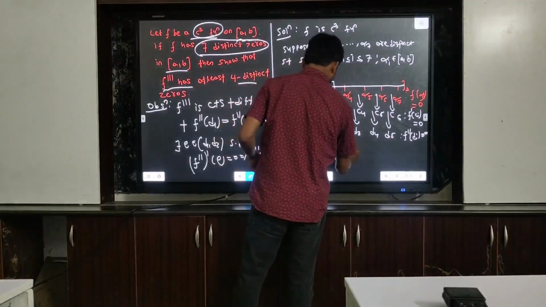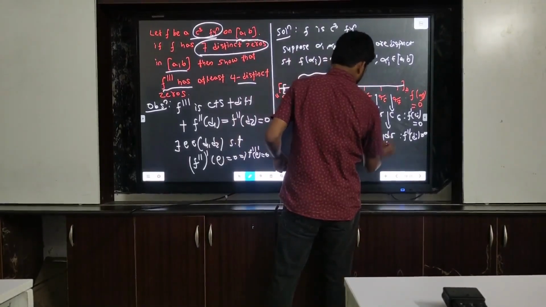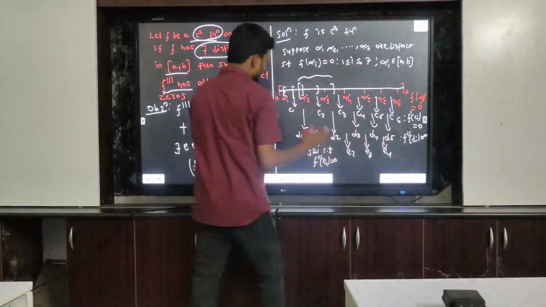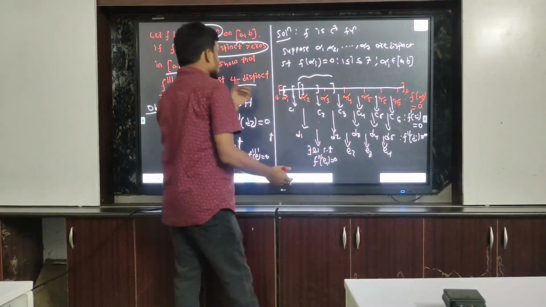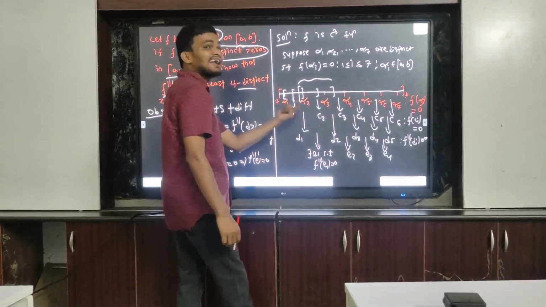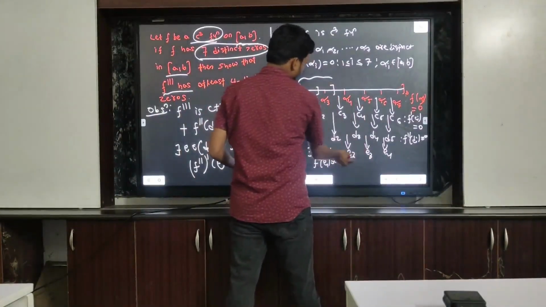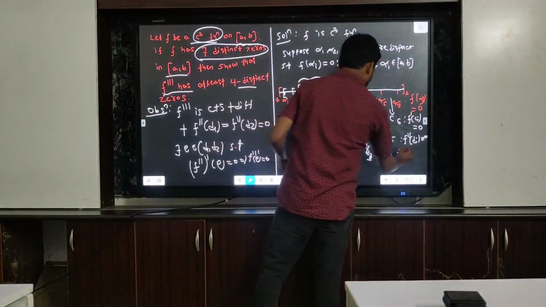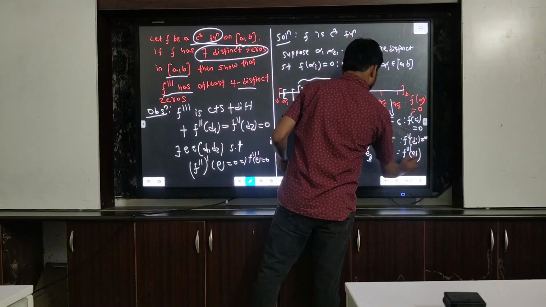Similarly, here exists e2, here exists e3, here exists e4. It might be possible that in the interval d1 d2 there exists more than one, but Rolle's theorem implies that there is at least one. So we get e1, e2, e3, e4. What happens? F triple dash ei is 0.